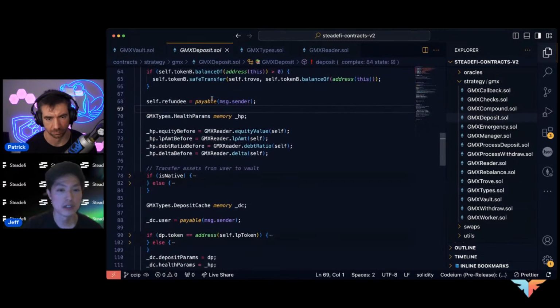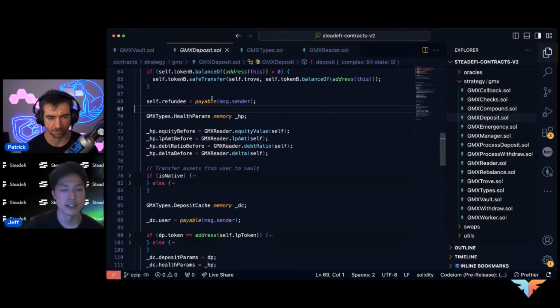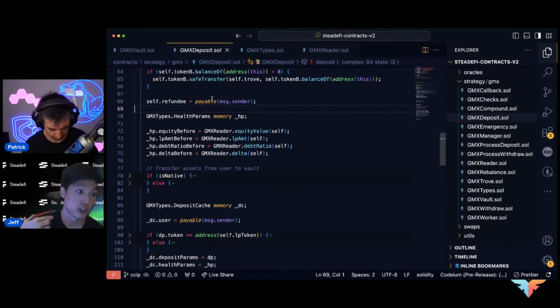So the user would have to pass in a small amount of native gas along with whatever deposit they are doing. And the strategy contract here would pass those gas tokens along to GMX. GMX will actually use a portion of those gas tokens, and there's usually some leftover, and GMX would just refund those leftovers back to this strategy vault contract.